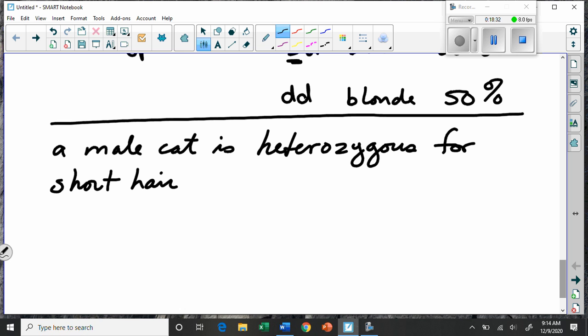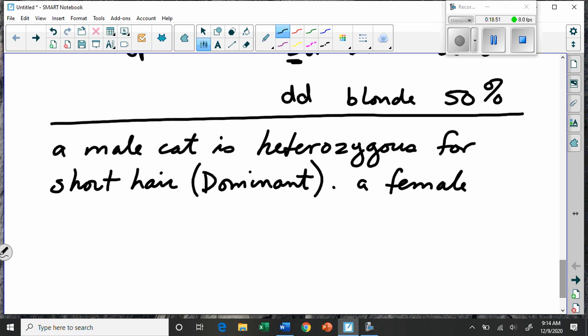I should say is heterozygous with short hair. Well, actually, for short hair, and I'm going to say that that's the dominant condition, short hair. I'll just remind you, because we're not going to memorize all the different possibilities. A female is homozygous.